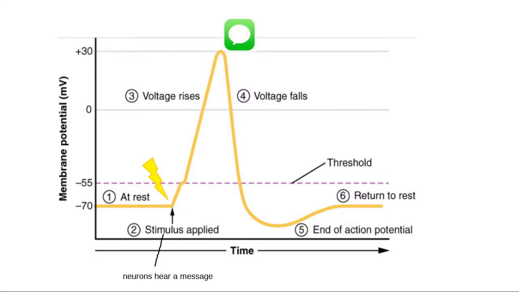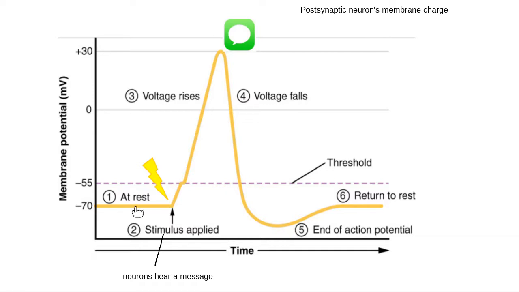At this stimulus applied point, this is when the presynaptic neuron is talking to the postsynaptic neuron. This graph, by the way, that we're looking at, is the postsynaptic neuron's membrane charge. My neuron who's listening, my postsynaptic membrane, this is what happens to the charge on its membrane as it listens.